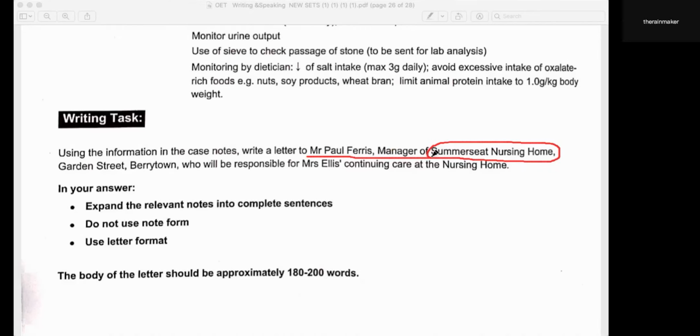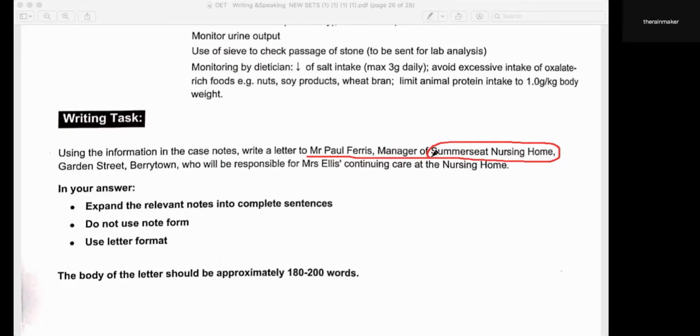Remember, we've talked that there are three kinds of letters that are asked in OET. The first one is referral, of course, the most common. The second is discharge, and then the transfer. So this is a classic discharge letter because the reader who's going to receive your letter is from the same place where the patient resides.